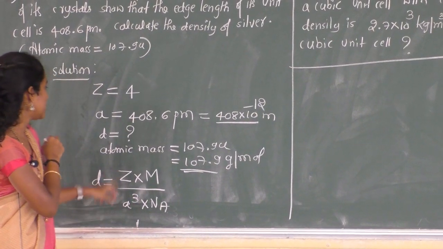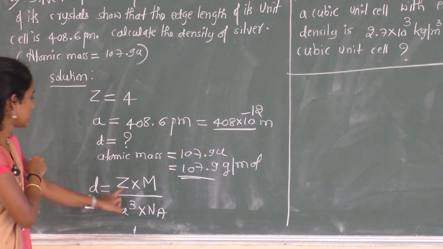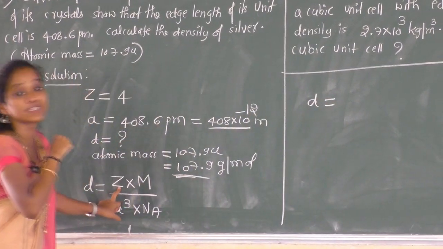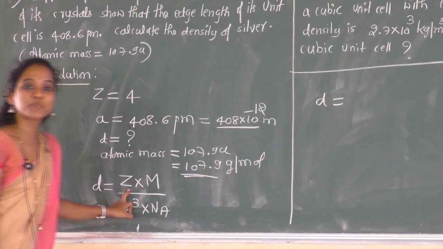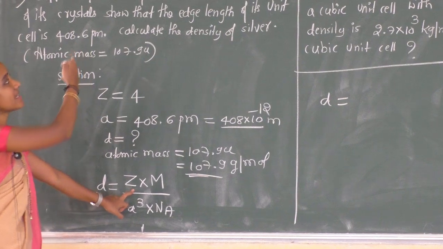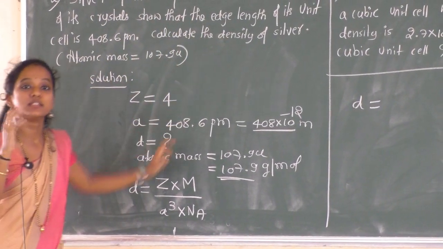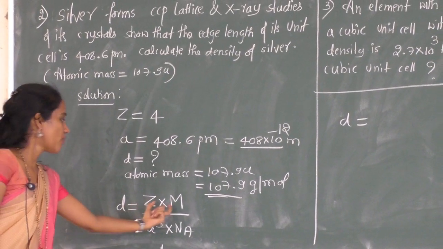What we have to calculate here is the density. So d is equal to, what is the value of Z? Z is the number of atoms present per unit cell. Since silver forms a CCP lattice, the number of atoms present per unit cell is always 4.